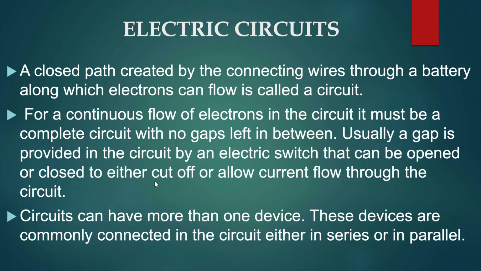Circuits can have more than one device, and these devices are commonly connected either in series or in parallel. So, in today's session, we'll be seeing what a series connection is and what a parallel connection is, and also the equivalent resistance in series and the equivalent resistance in parallel.